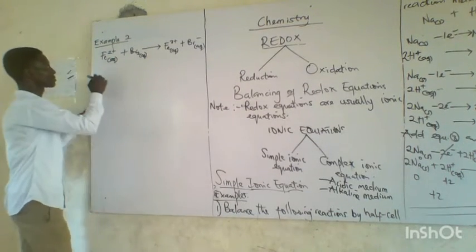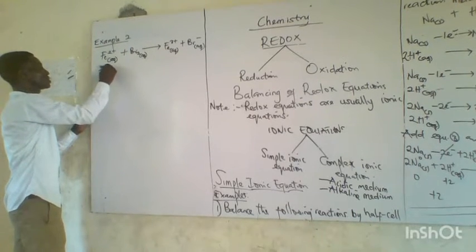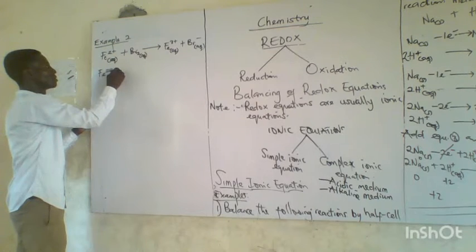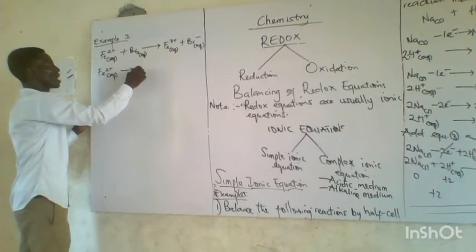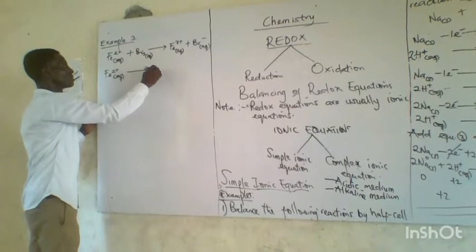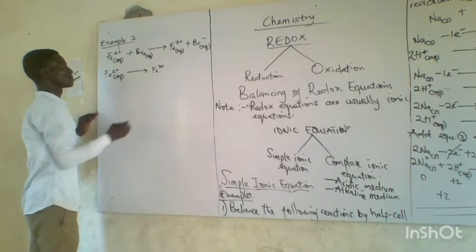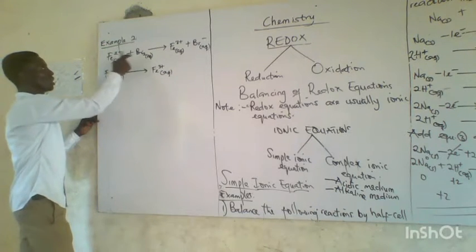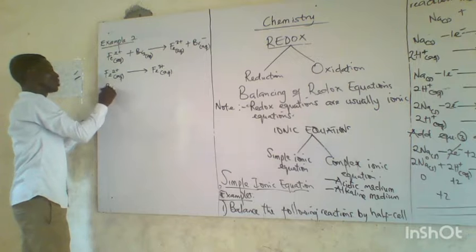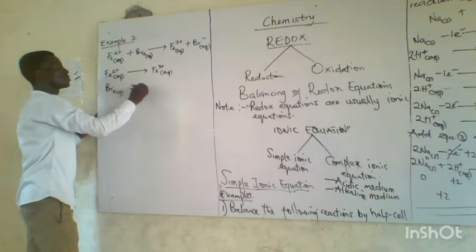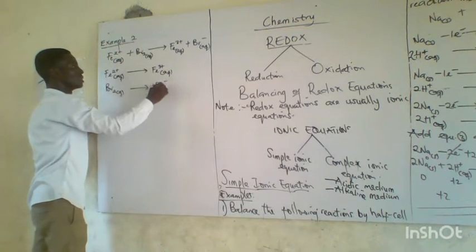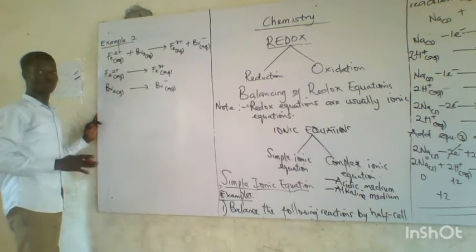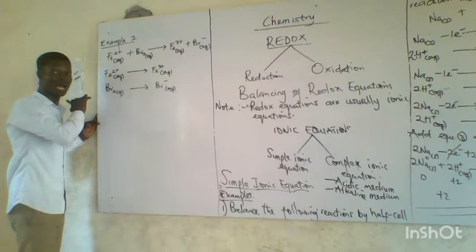So I have Fe 2 plus aqueous to have Fe 3 plus aqueous, then the other side I have bromine gas to give you bromine minus aqueous, the bromide ion, right? So what am I to do? I'm to balance it atomically first.